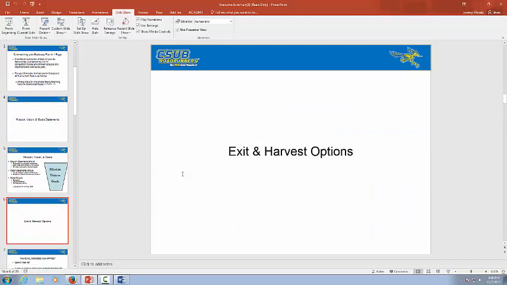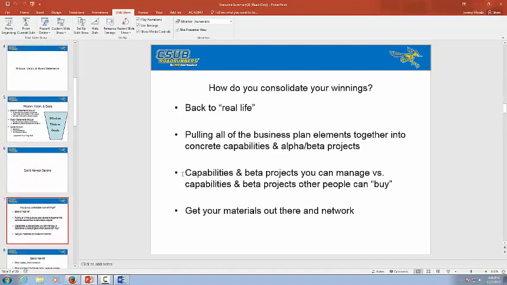Exit and harvest options. Another element of many executive summaries is what your exit options are and what your harvest options are. And this is basically about consolidating your winnings. So you've been working on a project, a new venture project in this class for the semester.